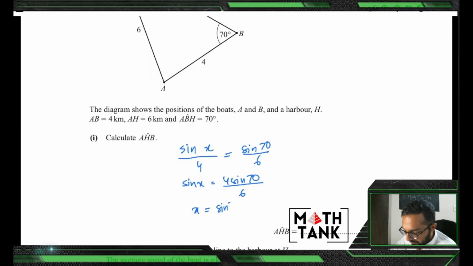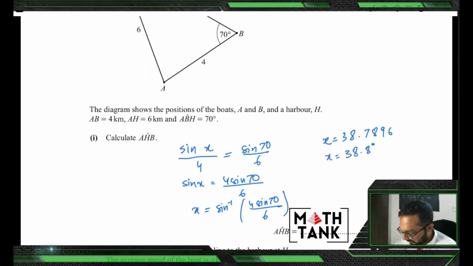Sine inverse of 4 sine 70 over 6. That gives me X as 38.7896, let's say. So that gets rounded off to 38.8 degrees.